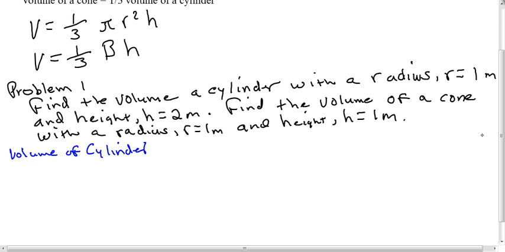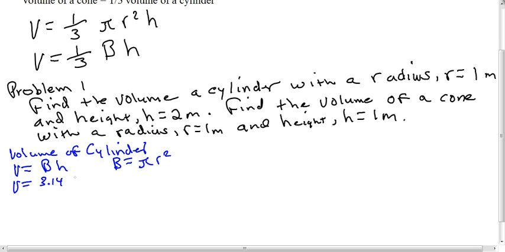Then of course we know that the formula says V is equal to big B times H, and here our base again is equal to pi times radius squared. So our volume is going to equal 3.14, and we want to find the volume of the cylinder.